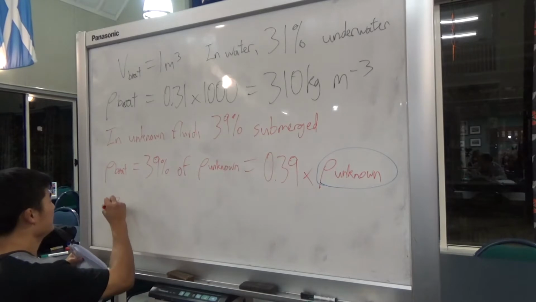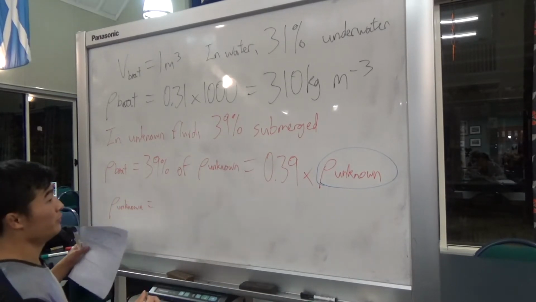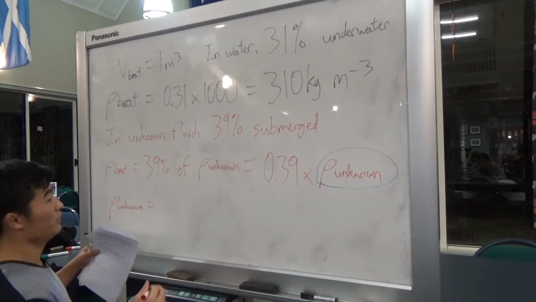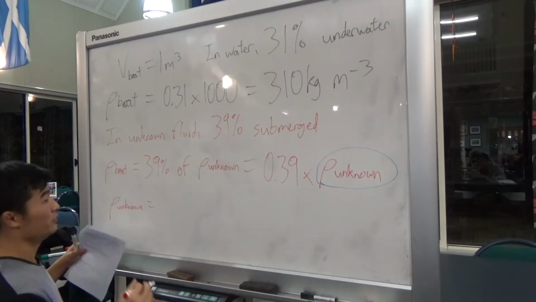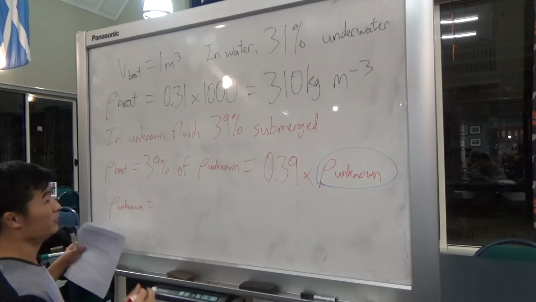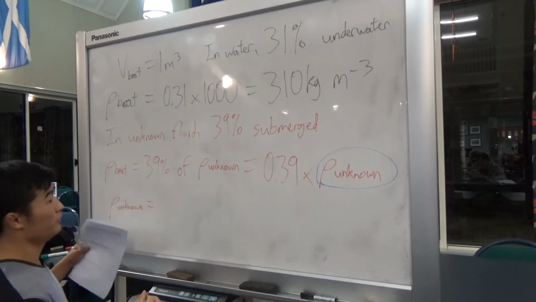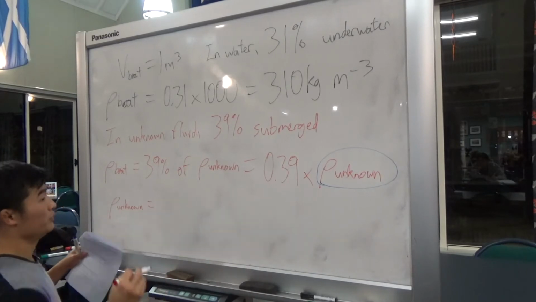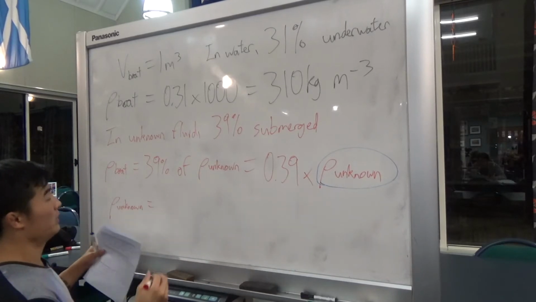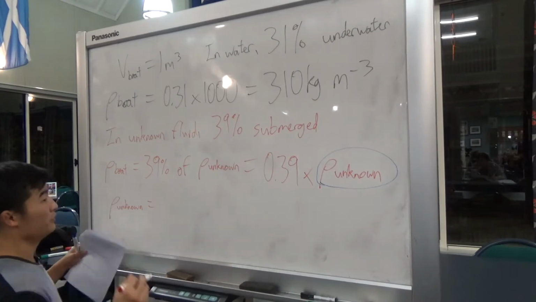So density of unknown is equal to the density of the boat divided by 0.39. So the density of the boat, we said it was 310, divided by 0.39. And that's 794.9 or 795.